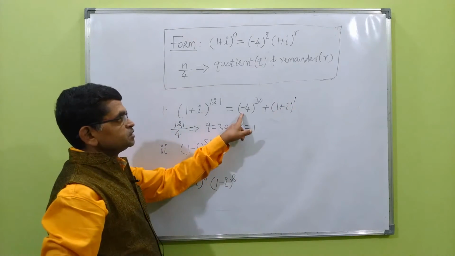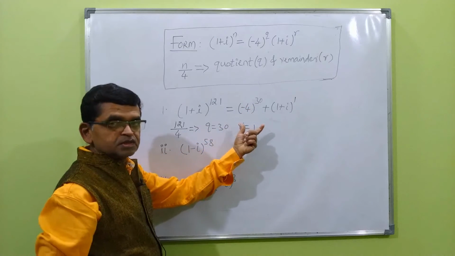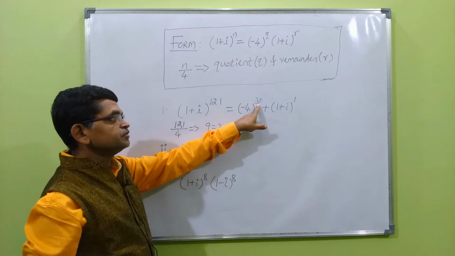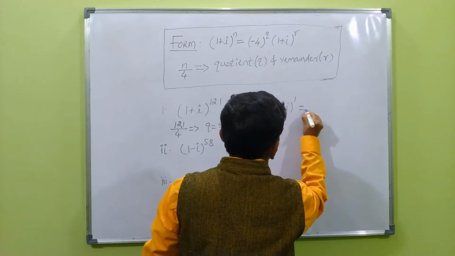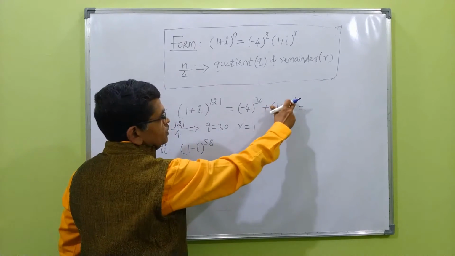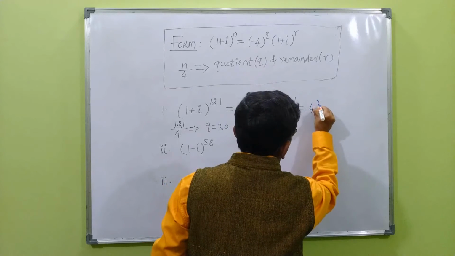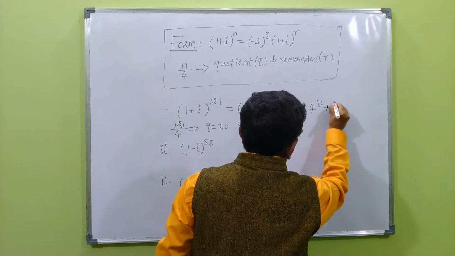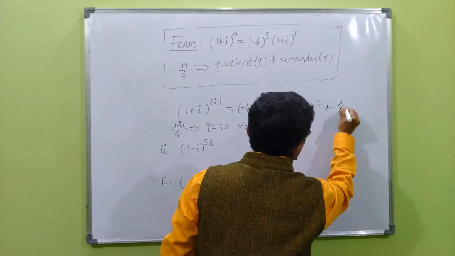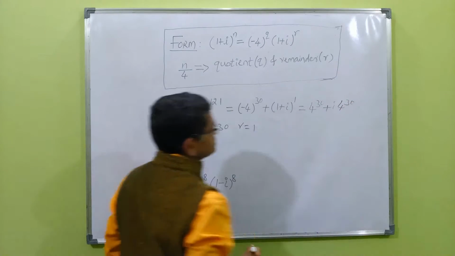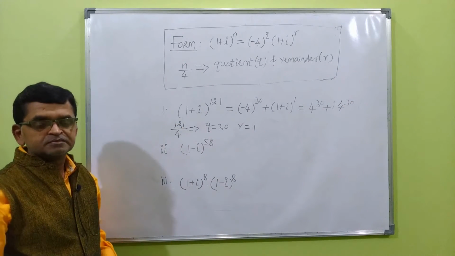That means minus 4 raised to 30 is 4 raised to 30 itself, because the power is even. So the answer will be, 1 to the power 1 means 1 plus i only, so 4 to the power 30 plus i into 4 to the power 30. So this is the required answer.